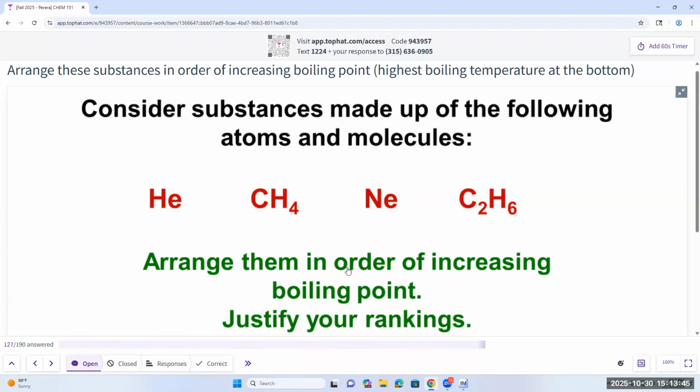And argon is comparable with C2H6. All right, we have one more minute. I'm going to close this question for now because we're running out of time. I'm going to close this in 5, 4, 3, 2, and 1.